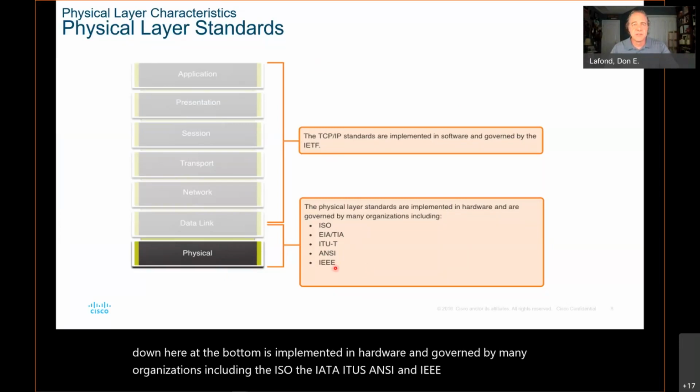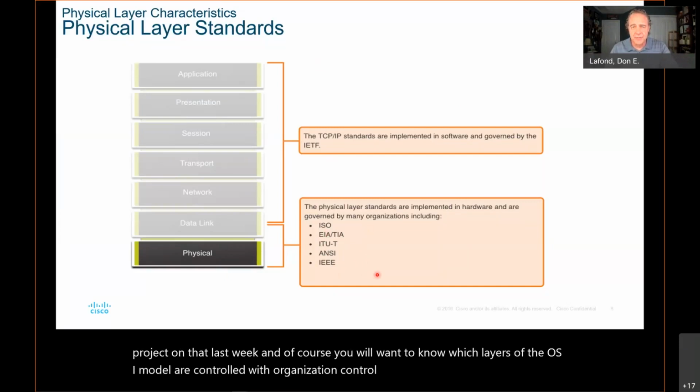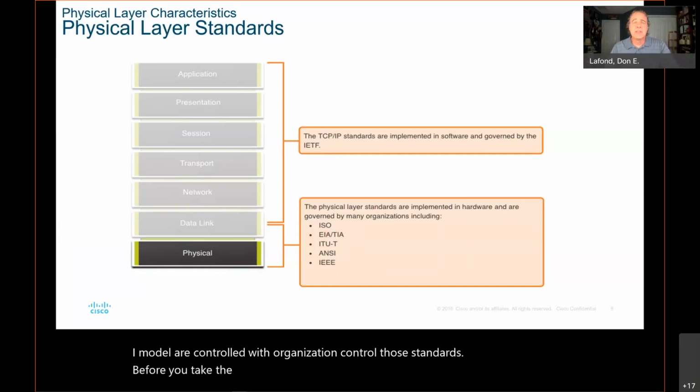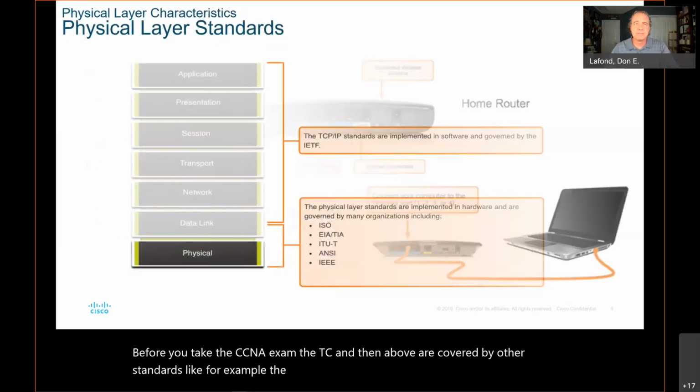You did a research project on that last week, and of course you will want to know which layers of the OSI model are controlled, and which organizations control those standards, before you take the CCNA exam. The TCP/IP layers and above are covered by other standards, like for example the IETF.